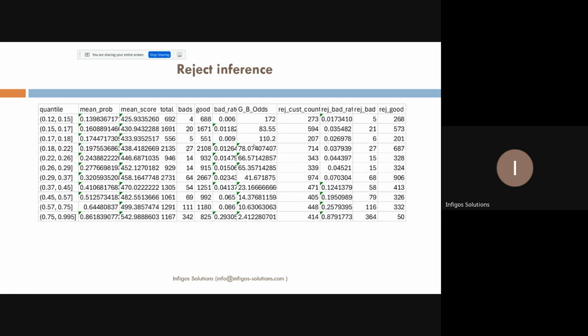When you say the rejected customers have 3 times the rate, you multiply this value by 3 and you get this. You multiply this value by 3 and you get this. And then you multiply, these are your rejected counts. The rejected count, you will multiply by this, you'll get the number of bad customers, which is 5. You multiply this value by this, you'll get the number of bad customers, which are 21. You subtract from this value, you'll get good customers. Are you following? This is what we have implemented in our code.